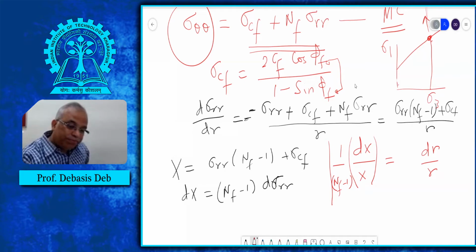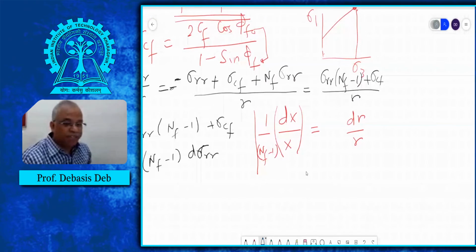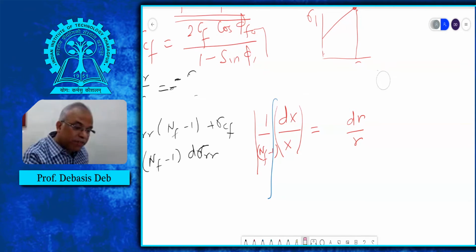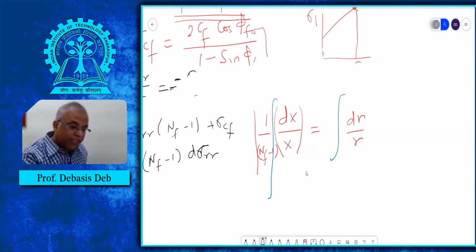Now I am going to take the integration. So let me take it a little bit to this side. Now I am going to integrate, and I delete this part. This integration. Now you have to remember this.